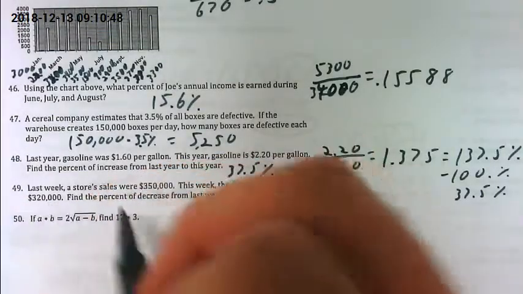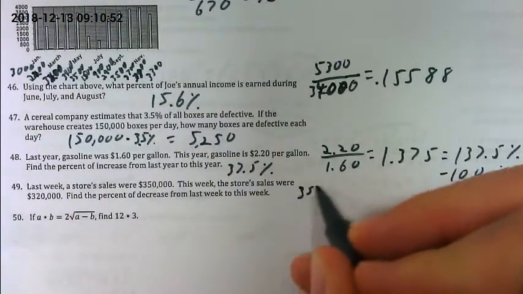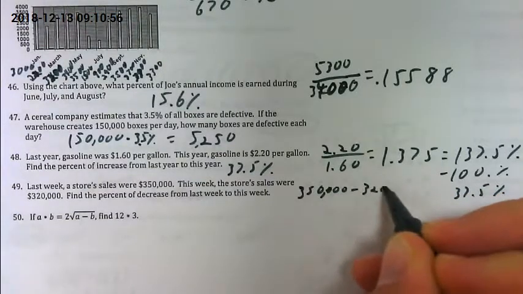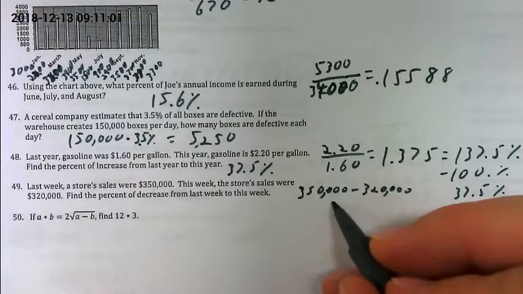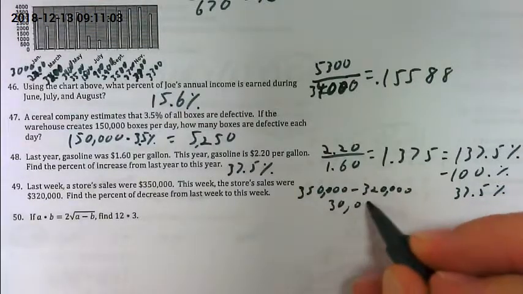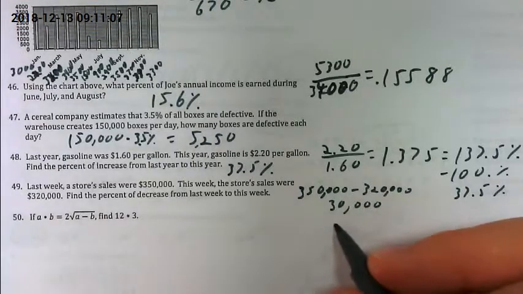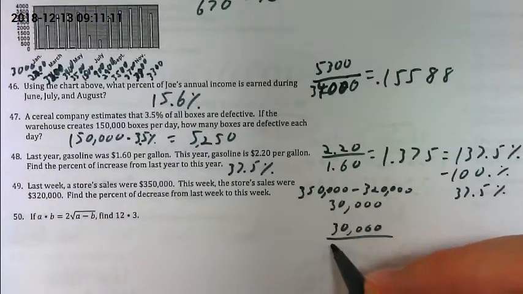So the difference between these two values is, so again, if we subtract, that's going to give us 30,000.